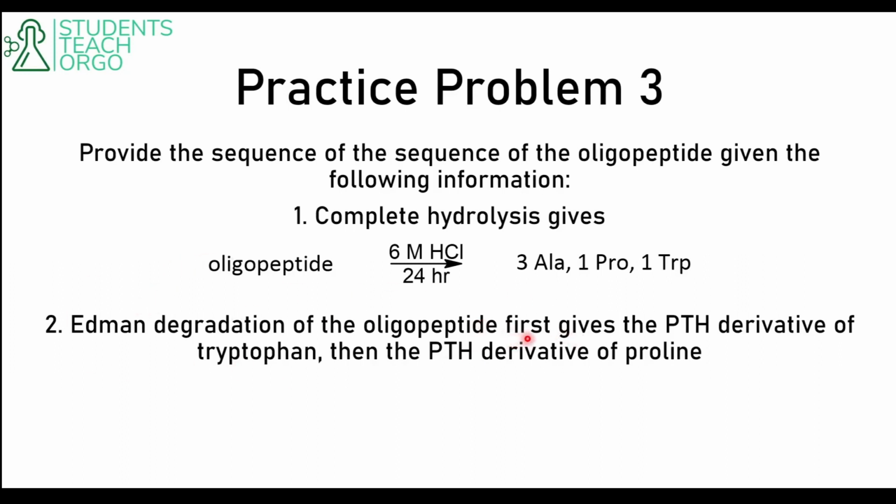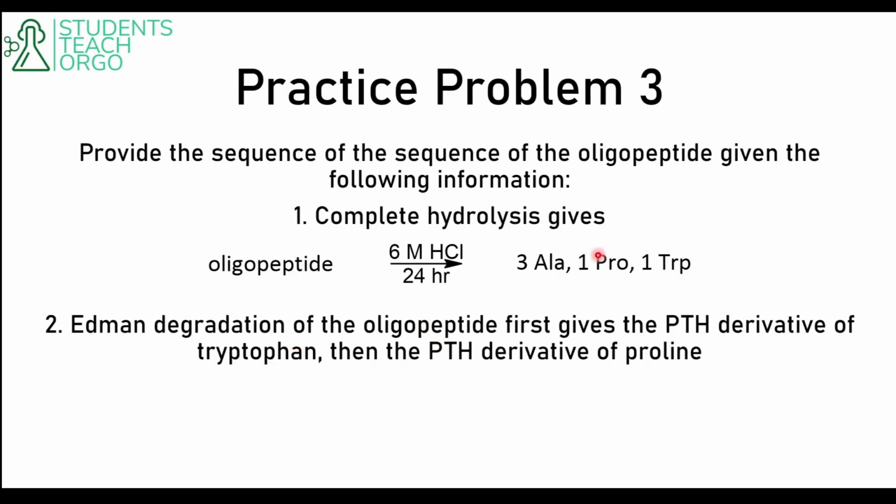They tell us that the first PTH derivative is tryptophan, and then the second one is proline. So this tells us that starting from the N-terminus, the first amino acid is tryptophan, and then proline, and whatever comes after that we can't be certain of just from the Edman degradation.